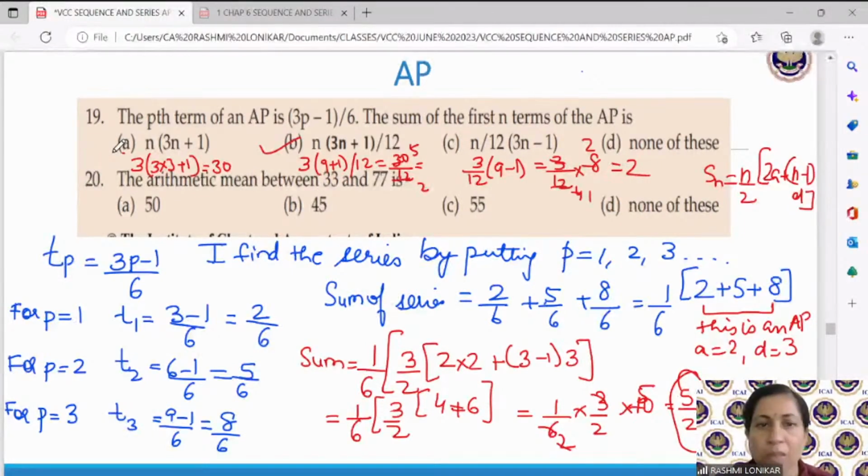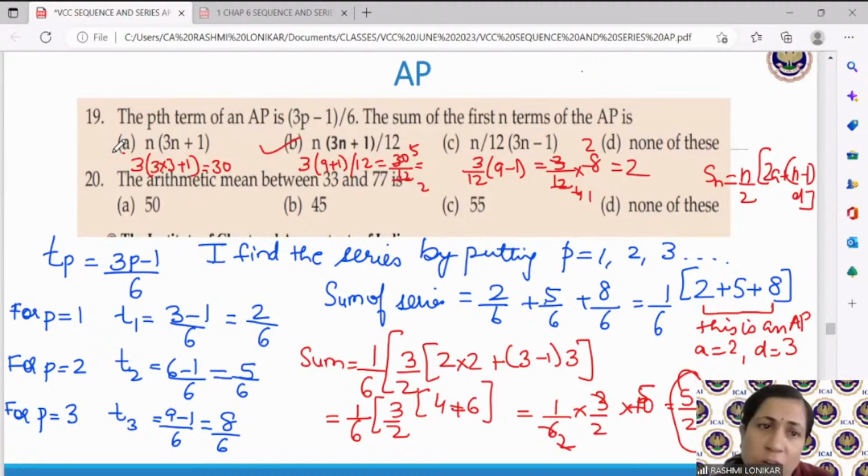Okay, then when I have all three terms, I add them up and I get the sum of the series. So here I got the sum of the series as 5 by 2. Now they have given me three options for the sum of the series.